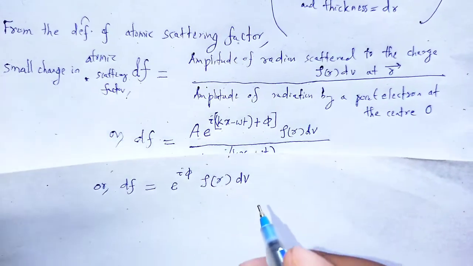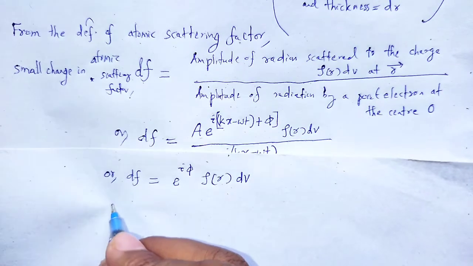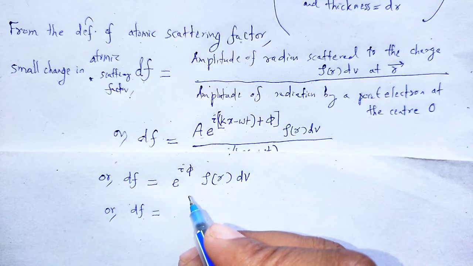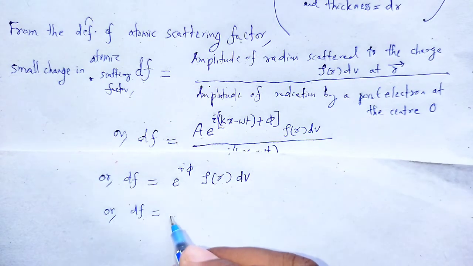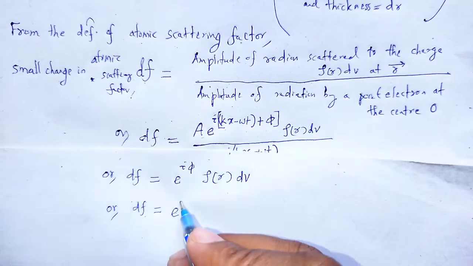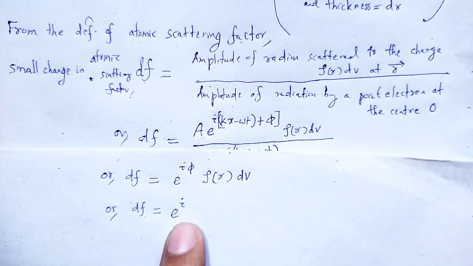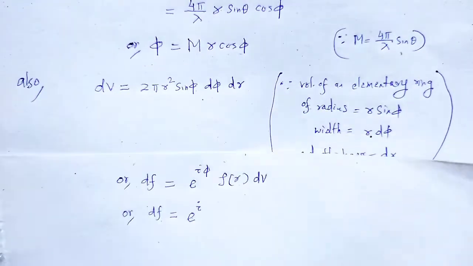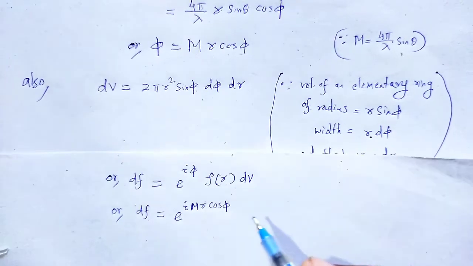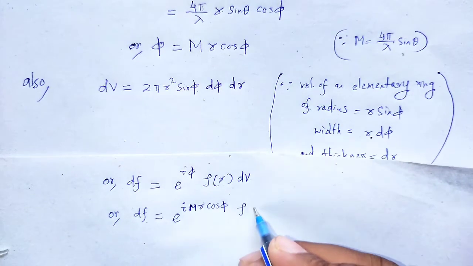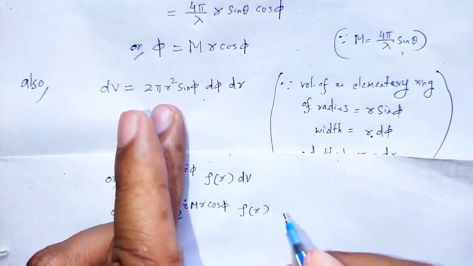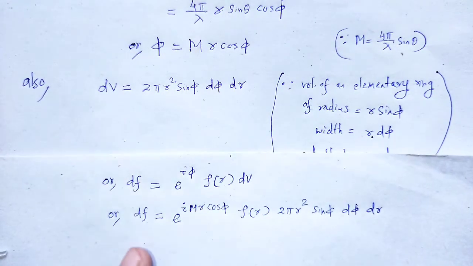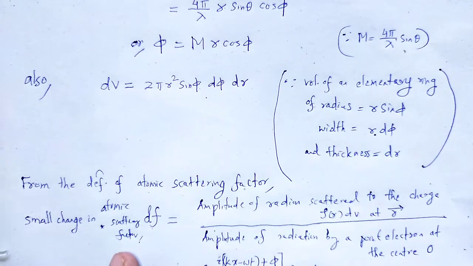Putting the value of phi, d f is equal to e to the power i m r cos phi, rho r, value of dV, 2 pi r square sin phi d phi dr. That is df, the small change in atomic scattering factor.